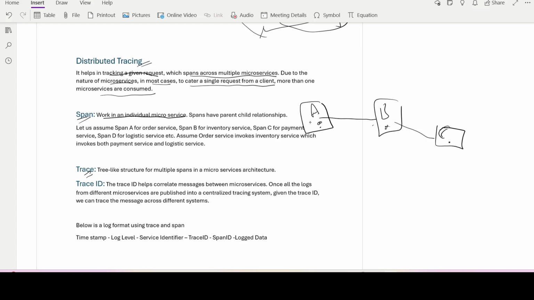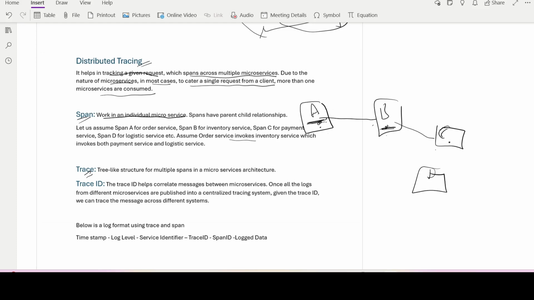What's happening inside the microservice is called a span. Spans have a parent-child relationship. For example, microservice B's span is a child of the span of A. Let's assume A is an order service, B is an inventory service, and C is a payment service. Now span D is for a logistics service. So we have one more service, the logistics service.